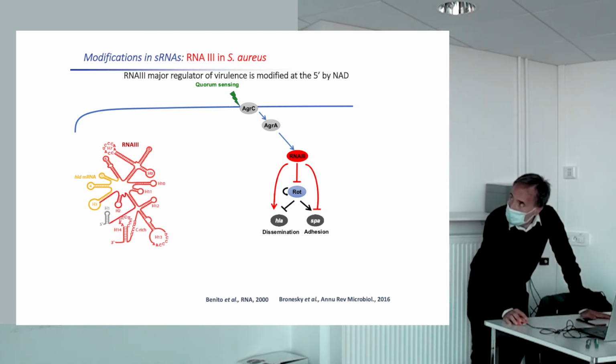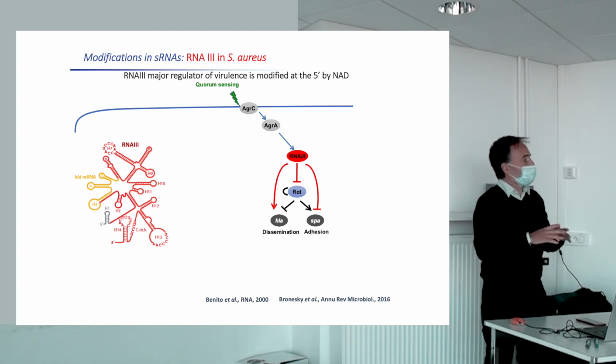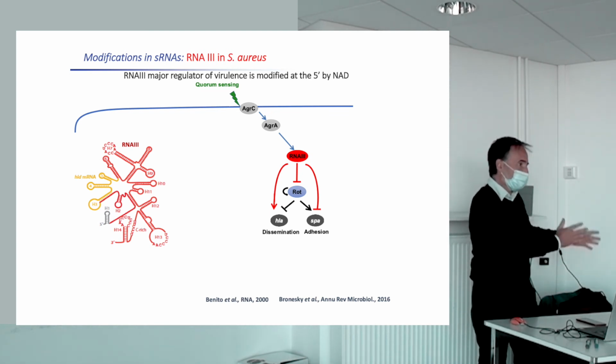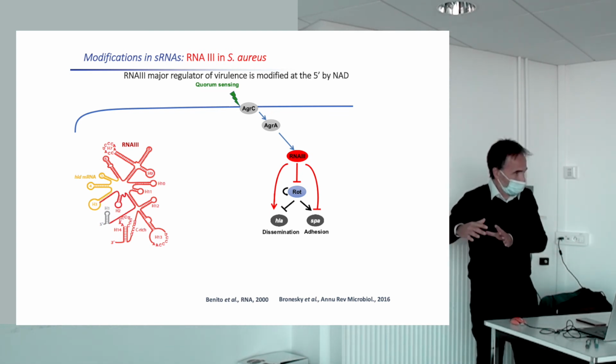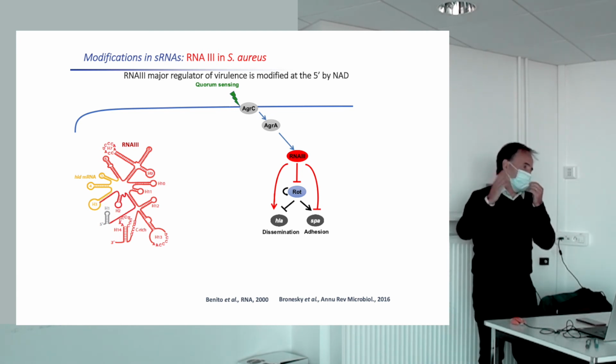What is AgrA doing? AgrA is inducing the transcription of RNAIII. And then it is RNAIII that is orchestrating the network important to switch from an adhesion mode to a dispersion mode.